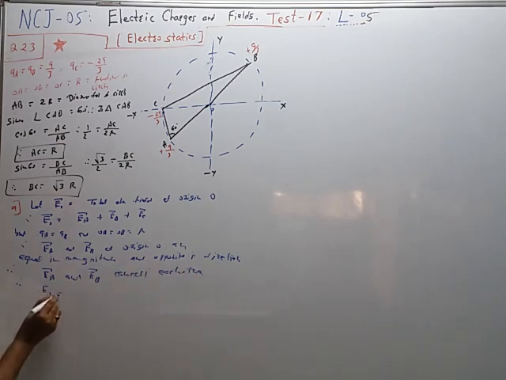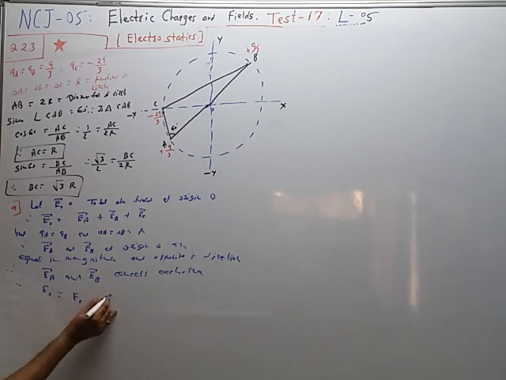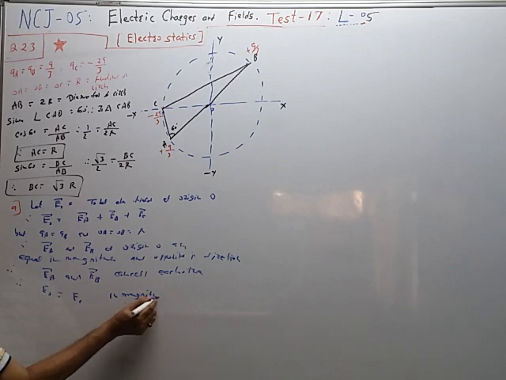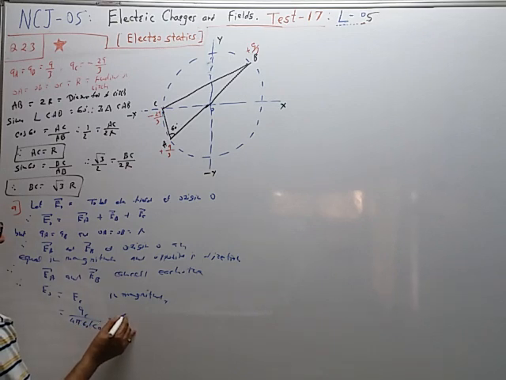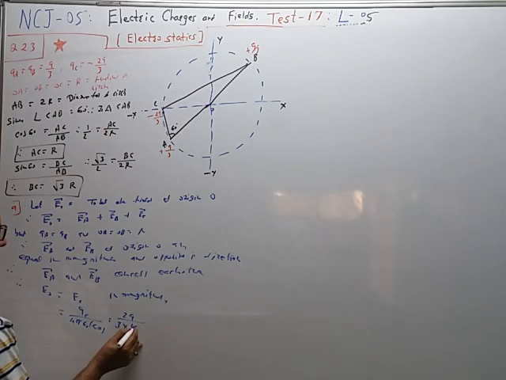Therefore, EO is equal to EC in magnitude, and therefore EC is equal to 2 times Q by 3, or the best way, I will write down the formula, QC upon 4 pi epsilon naught OC square. So this is equal to 2Q by 3 multiplied by 4 pi epsilon naught R square.